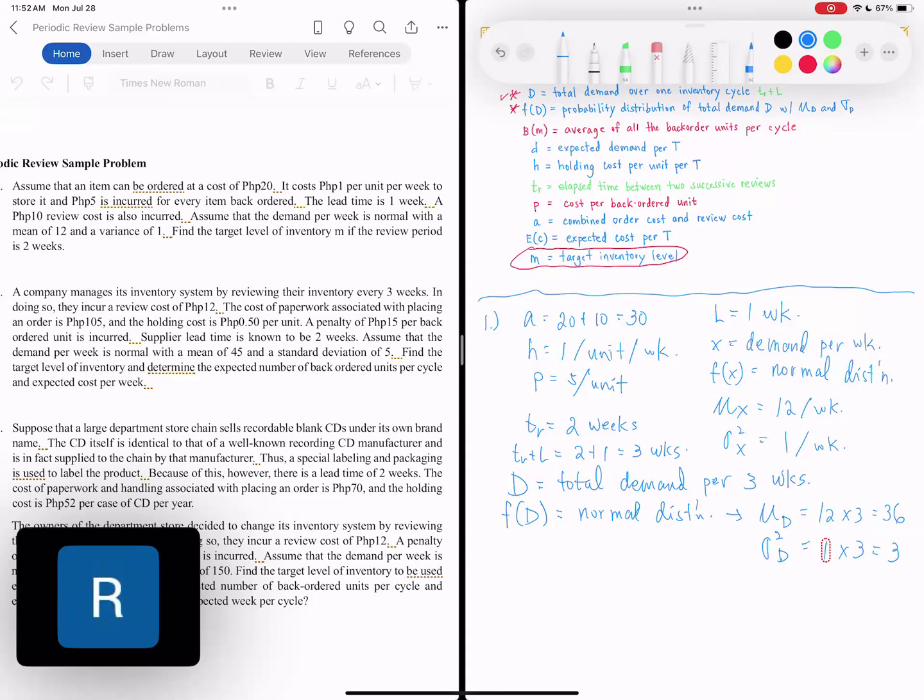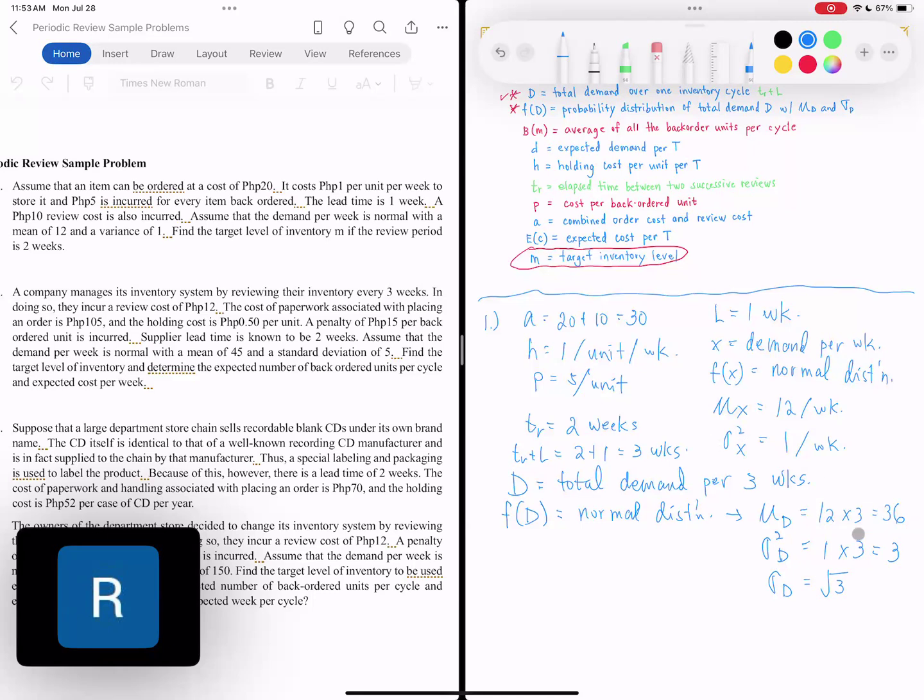So since variance is equal to 1 and capital D is demand for 3 weeks, you multiply that by 3. Then you calculate sigma of D, which will be the square root of your variance, so the square root of 3. This is now aligned to the calculations in your PowerPoint.